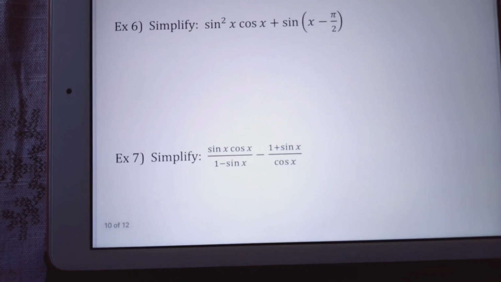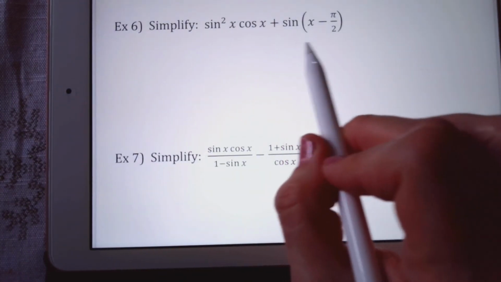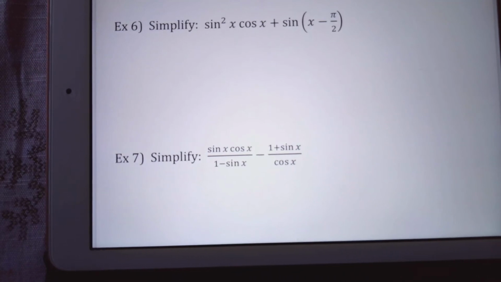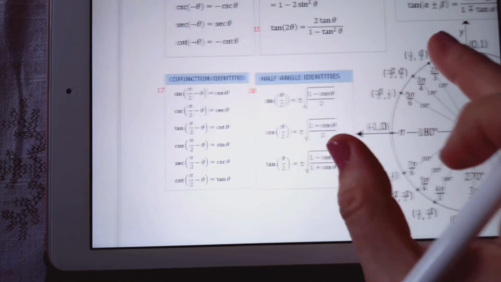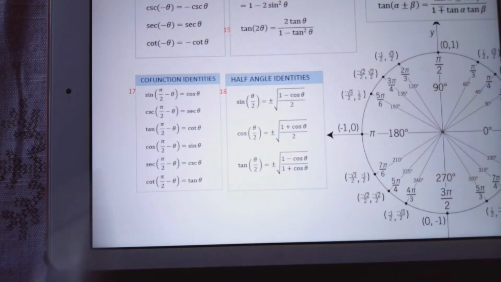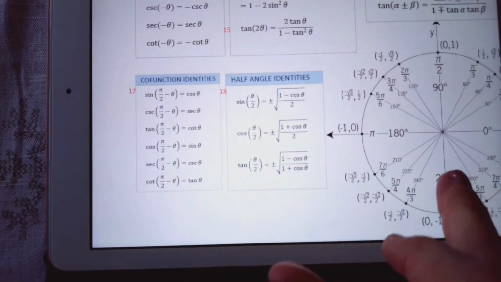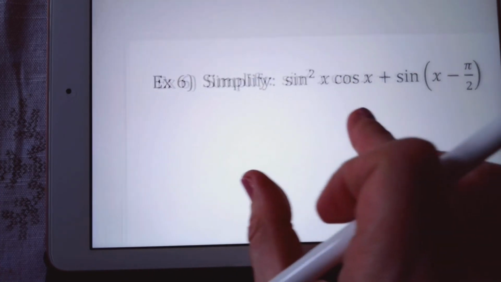All right, so here, this is one of those, I forget what they're called, these cofunction identities. But I do notice that it's backwards. So let's take a look.